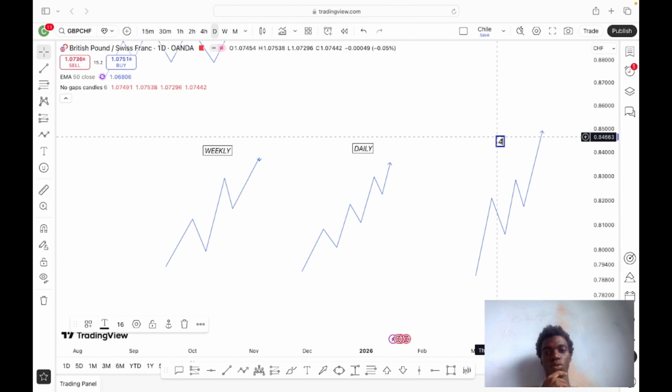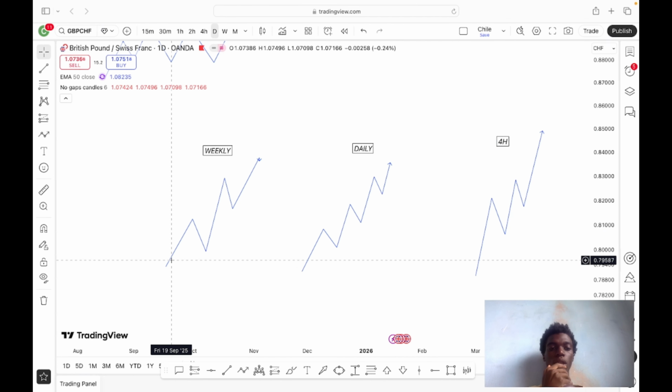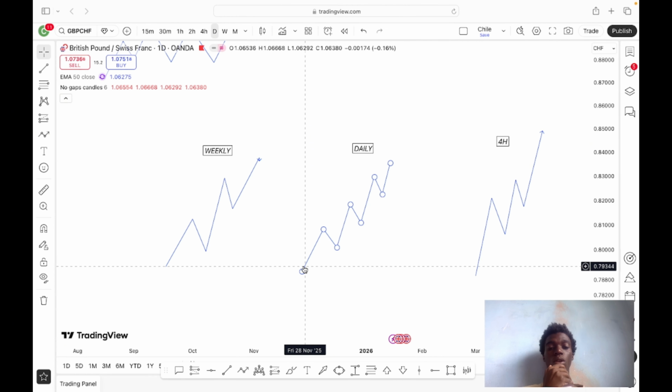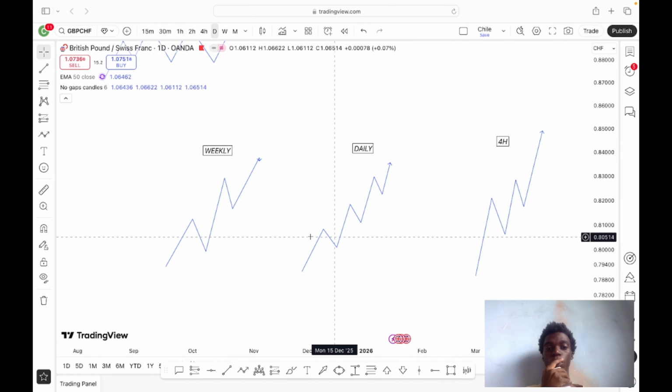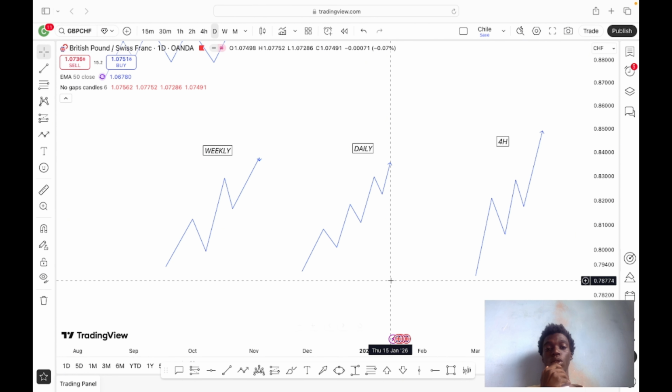So if we find that the weekly is going up or pushing down, or if we find that the daily is going up or bullish, and we find that the 4 hour is also bullish, going up.